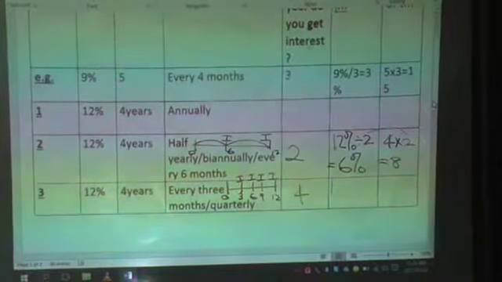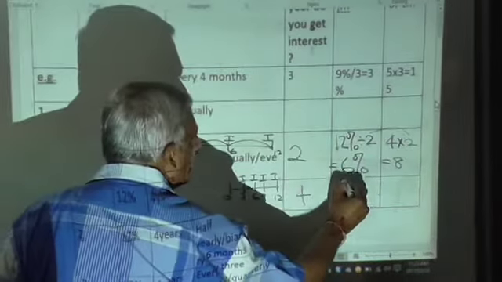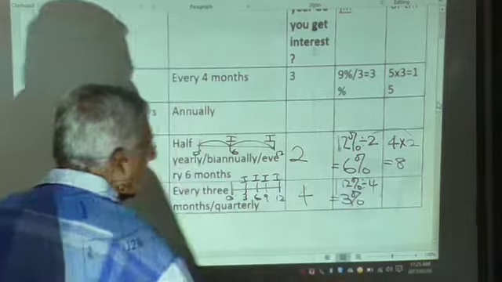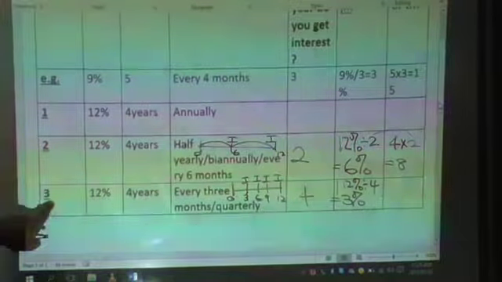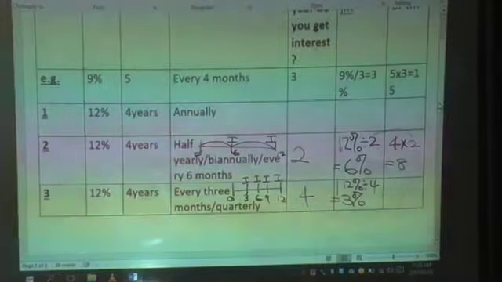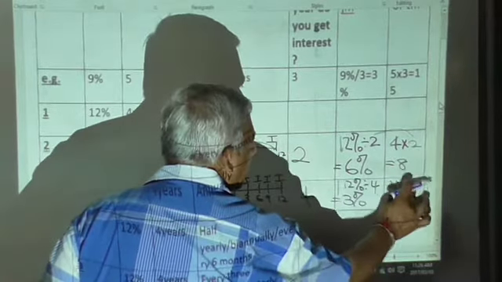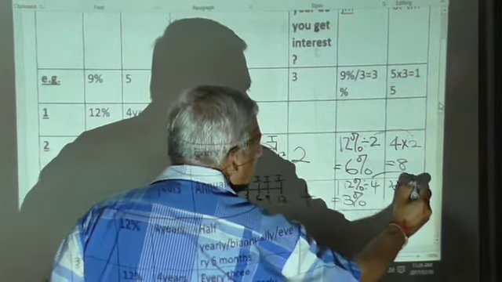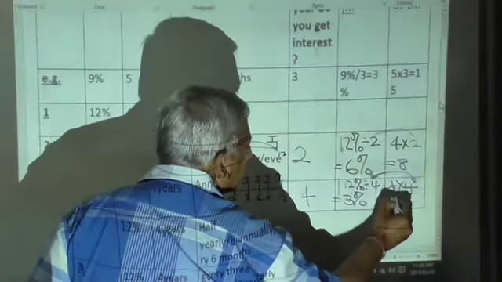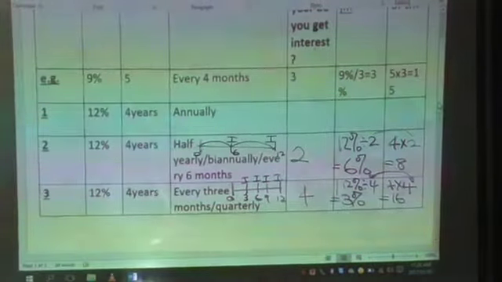You take your 12%, divide by 4, and that gives you 3%. So in number 3, in your formula, you'll substitute 3%. The time is 4 years, so it's 4 times 4, because we're going to use this number here. The final answer is 16. So in the formula, you're going to substitute 3 and 16.